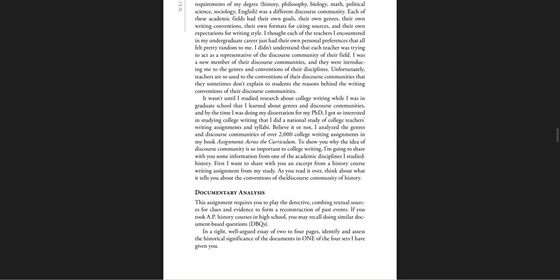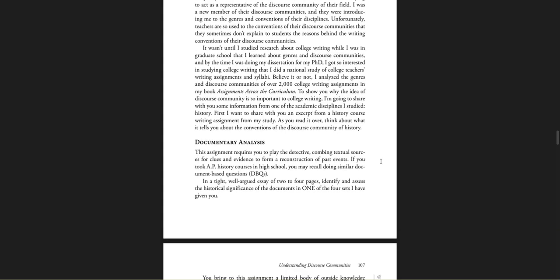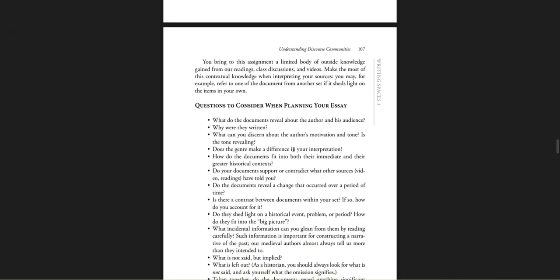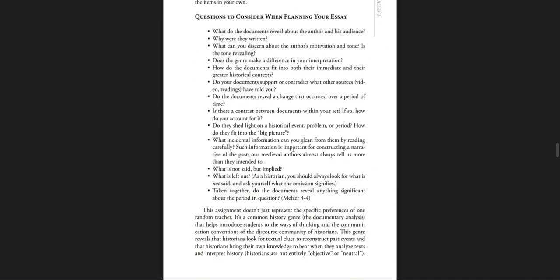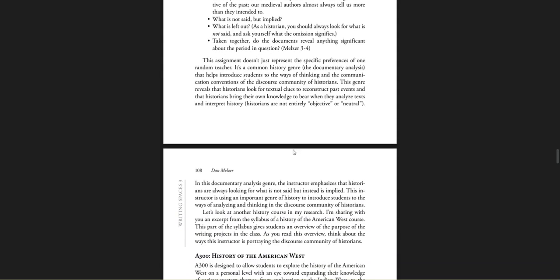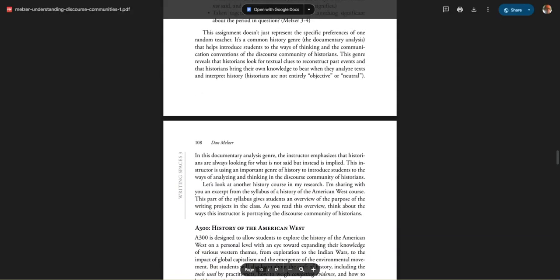Just about every type of study area has a discourse community, whether it's English or history, psychology, sociology. A lot of the disciplines that we study in a college education in an academic setting have discourse community criteria. So you might want to take a look at this and see how he goes about it.